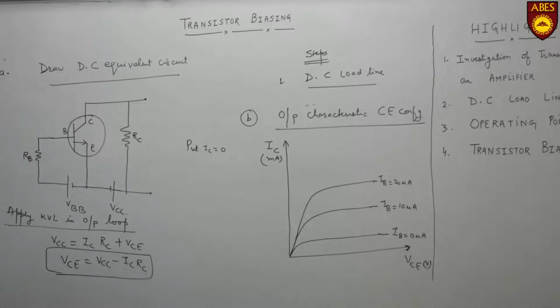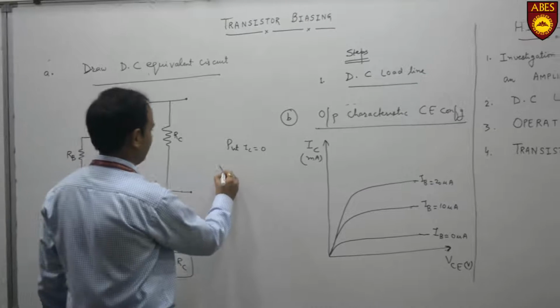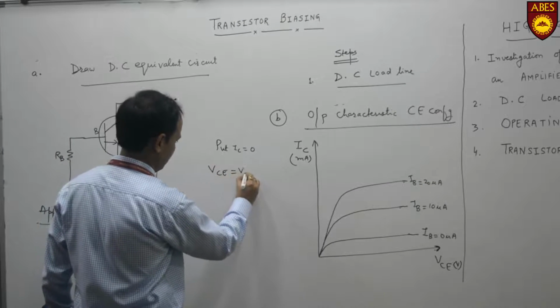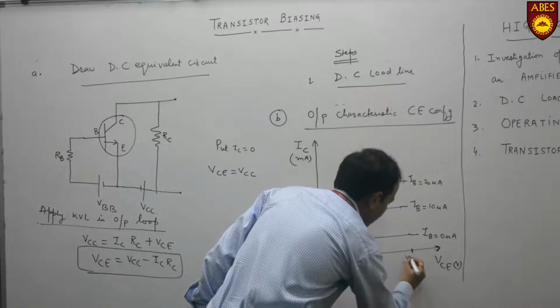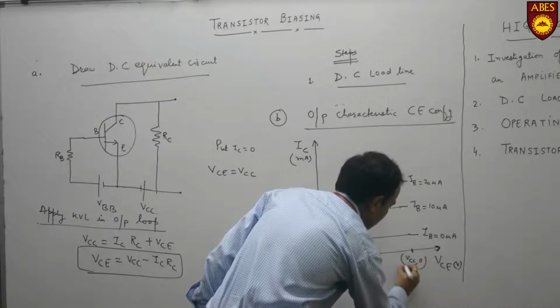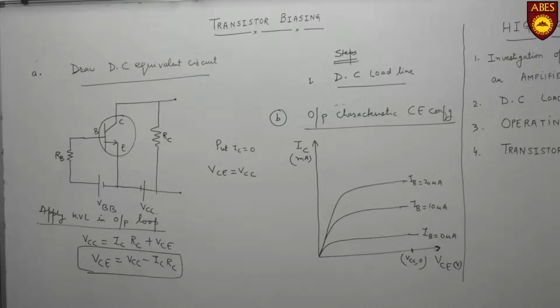Now, when I put IC equal to 0 in the main equation, which I have put in the box, we get VCE equal to VCC. That means I get a coordinate over here which is referred to by VCC comma 0.